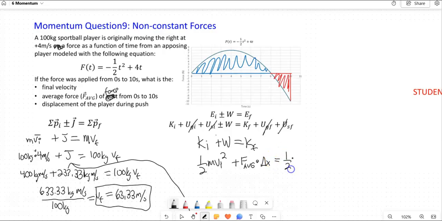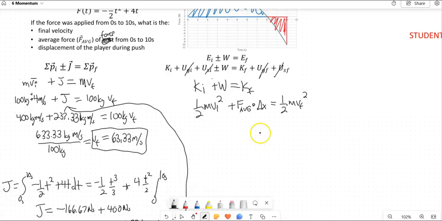That's going to be equal to 1/2 the mass times the final velocity squared, which we figured out was down here. So when we do our algebra on this, we're going to take this onto the other side, and we're going to subtract it, and then we're going to divide both sides by this. Right? And I'm just doing this for the sake of time.